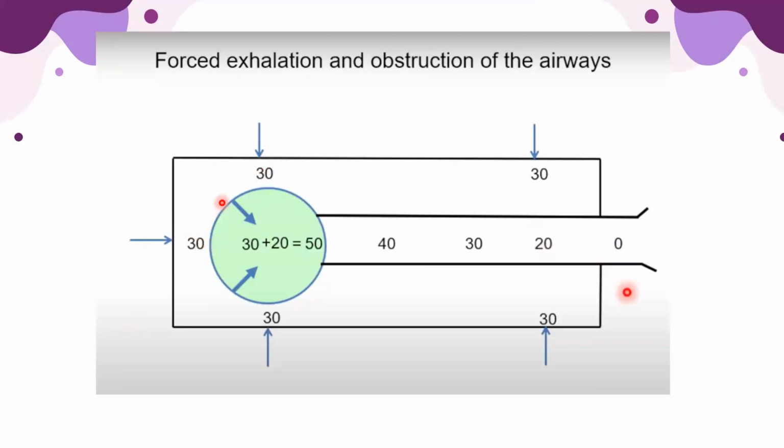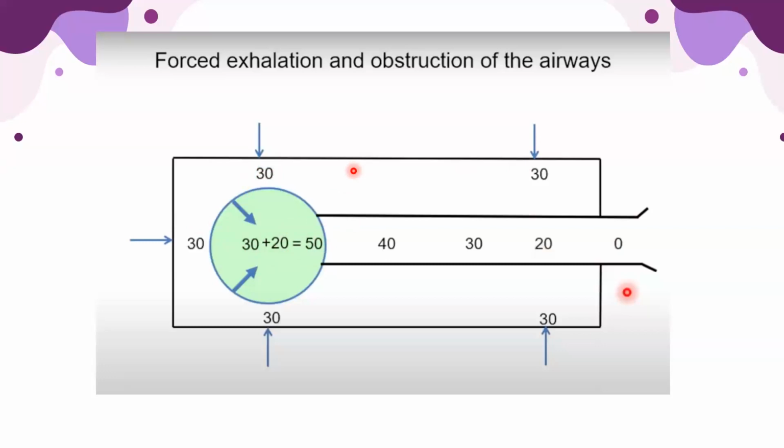This pressure exerted by the chest wall onto the lungs is also transferred to the alveoli because they have a thin membrane. Inside the alveoli, you also have the recoil force, which exerts a pressure of about 20. Pressure is also being exerted by the chest wall, which is 30, like we talked about. So total pressure inside the alveoli is 50.